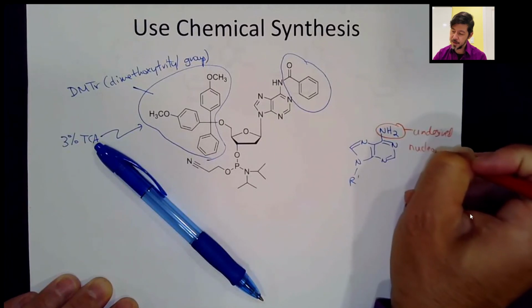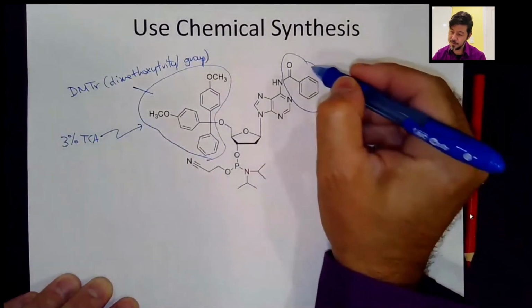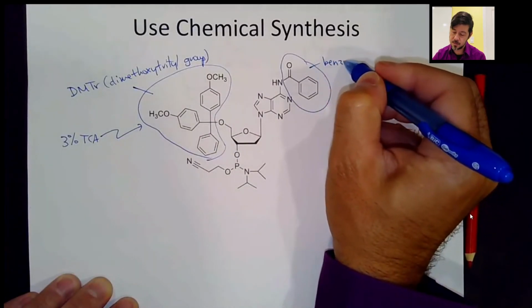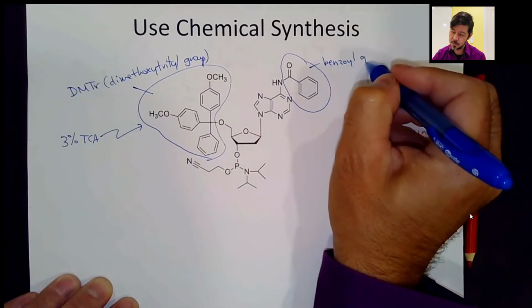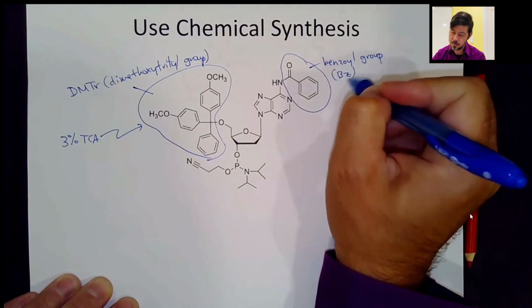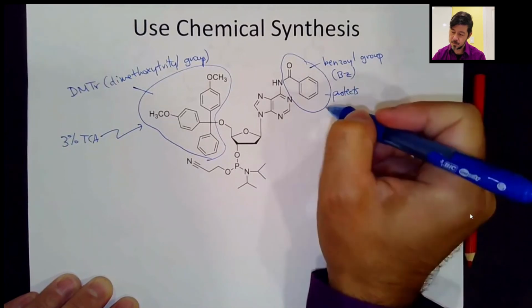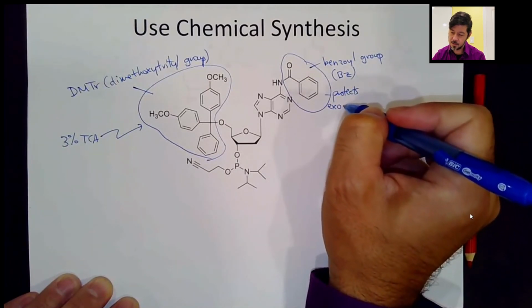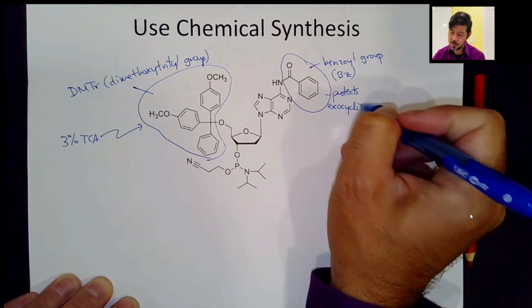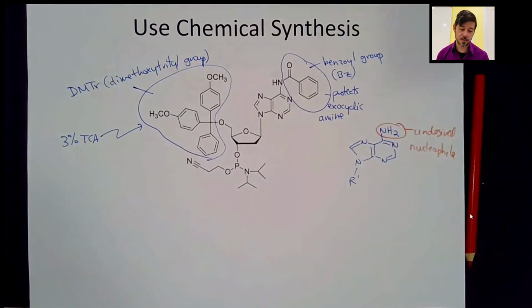So we need to find a way to protect it. So benzoyl group actually is a very efficient way to do so. And it protects the exocyclic amine. All right, so we have 2 different protecting groups so far.